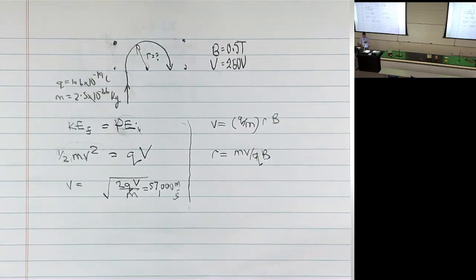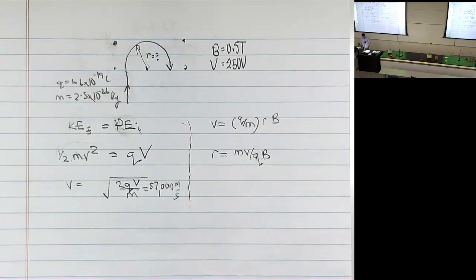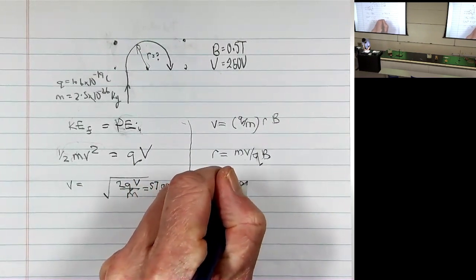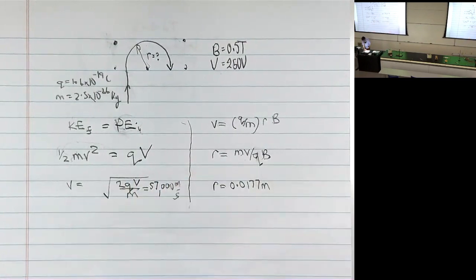Anyway, we've got an equation for the radius of the particle moving in a circular orbit. Everything on the right-hand side, I know. I know the mass, I know the speed, I just figured it out. I know the charge, and I know the magnetic field. So again, I'm not going to plug them all in, it'd take too long. But if you plug them all in, I got 0.0177 meters.